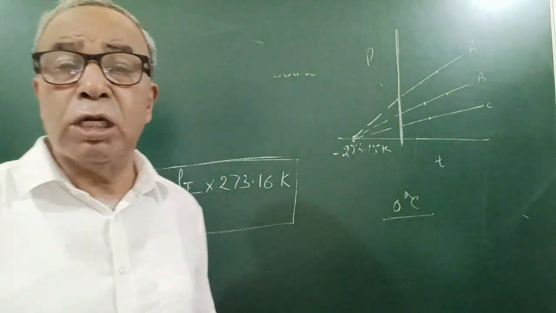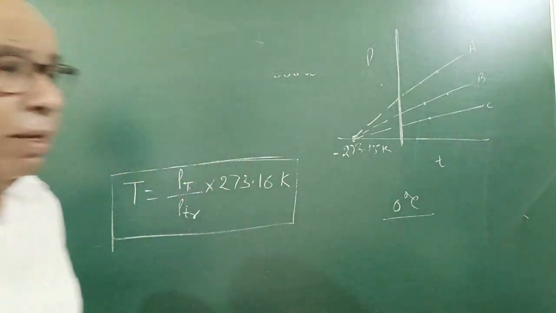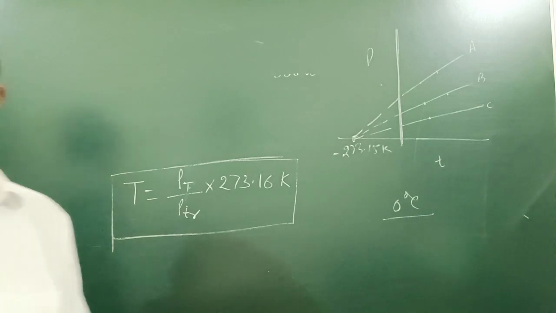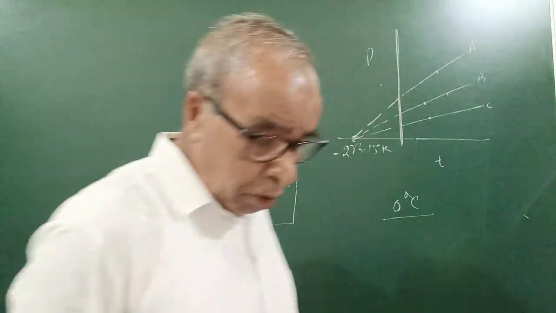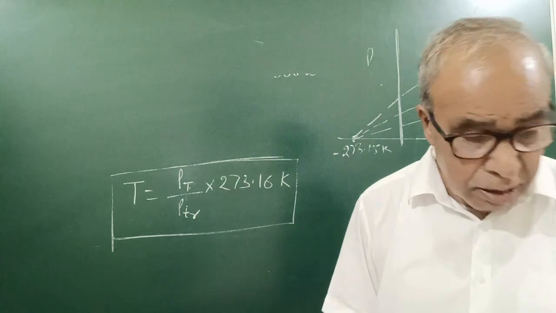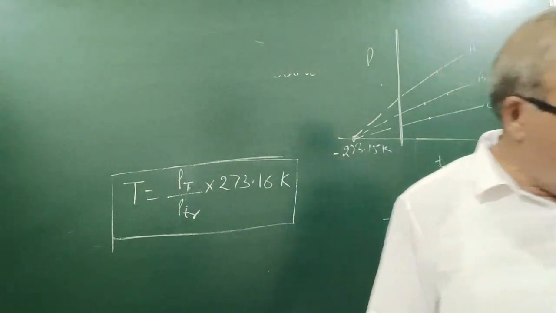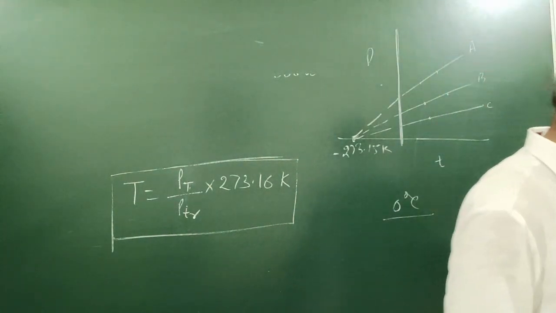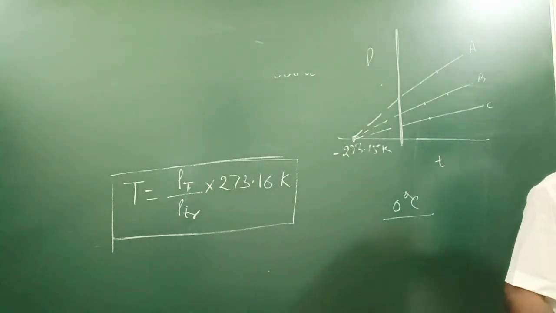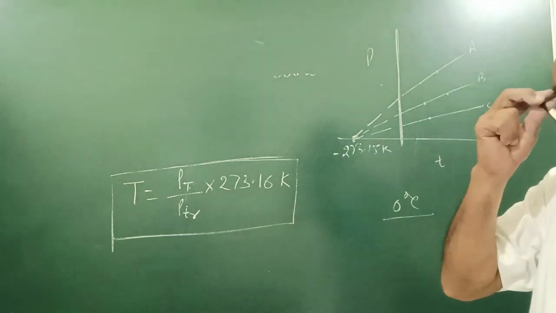You may read about the constant volume gas thermometer. Actually, I have not given too much, because at this stage you don't know what gas laws are. After understanding gas laws, you will understand it better. So I gave you this idea of measuring temperature with different thermometers, and why we need a thermometer which gives the same temperature for all.